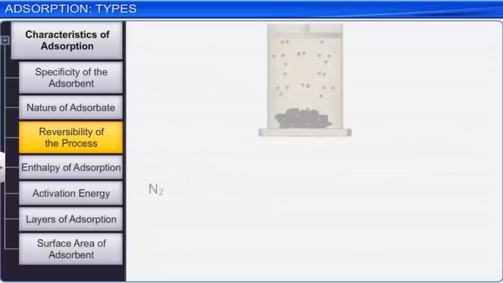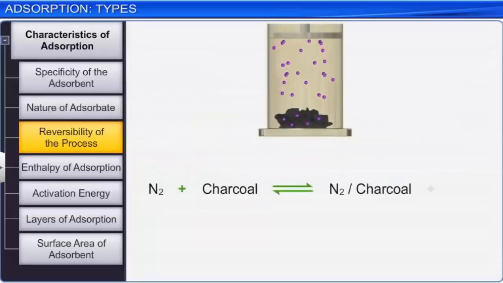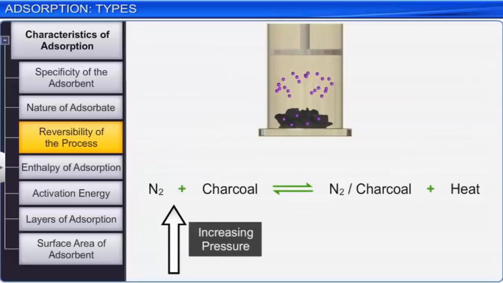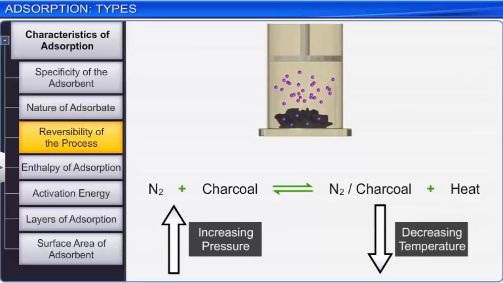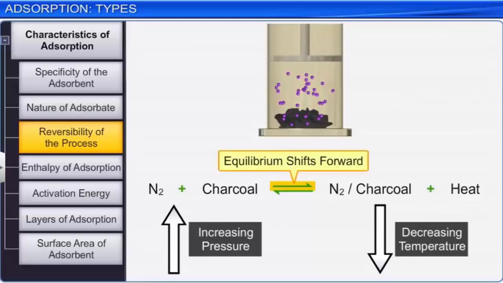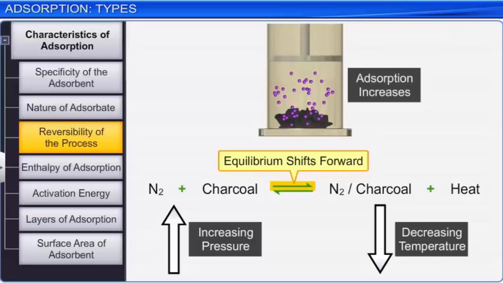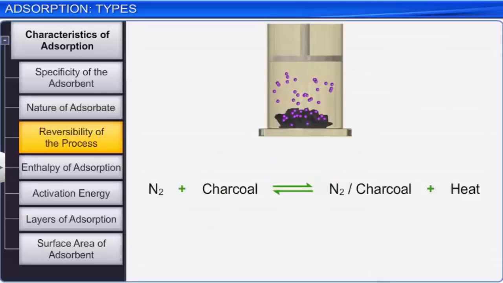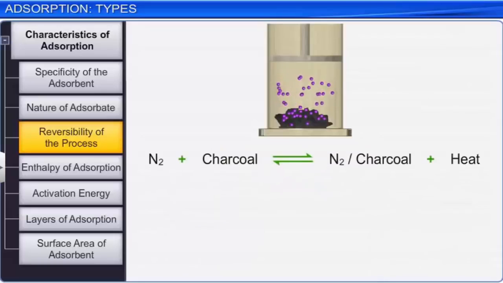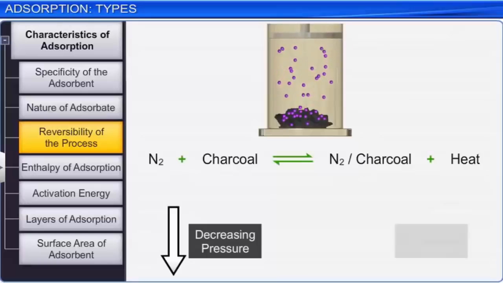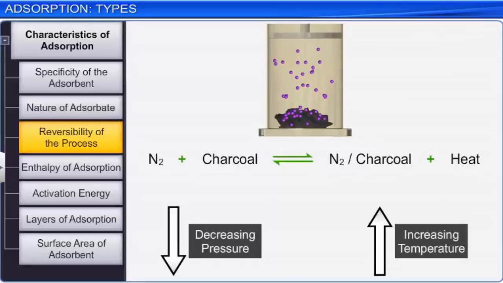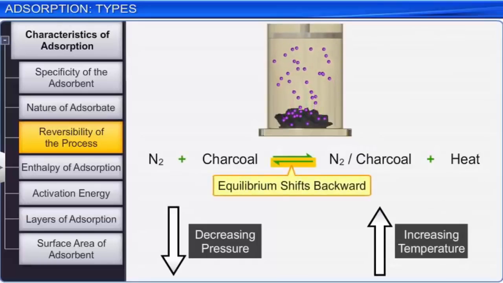On applying Le Chatelier's principle, it can be seen that when we increase the pressure or decrease the temperature, the equilibrium shifts forward. That is, adsorption increases. Similarly, when we decrease the pressure or increase the temperature, the equilibrium shifts backwards. That is, adsorption decreases.